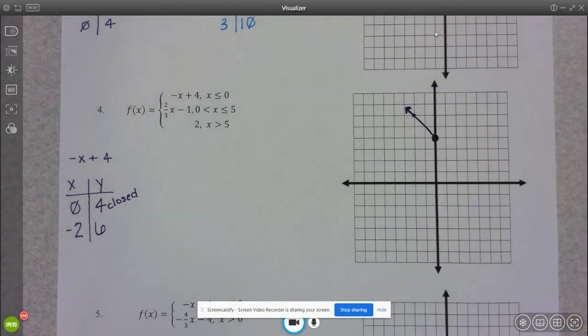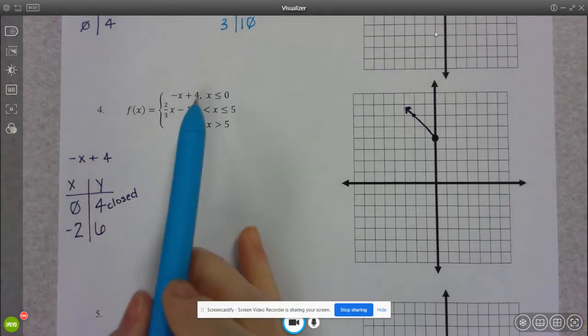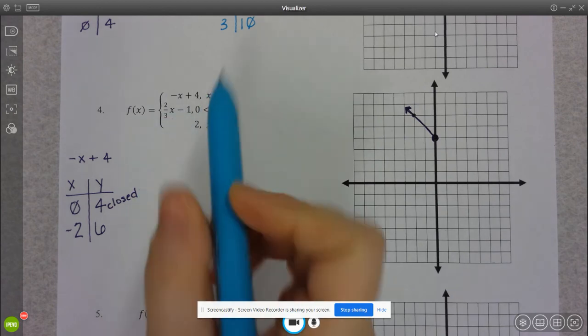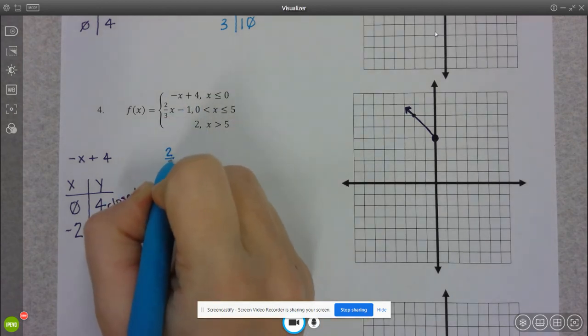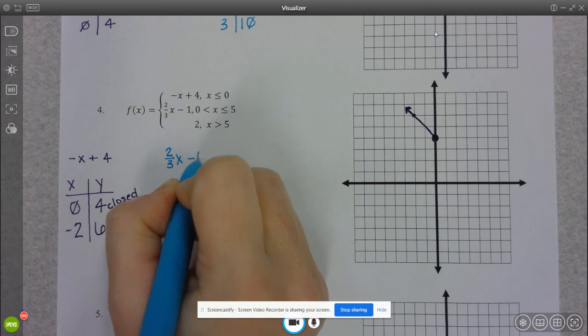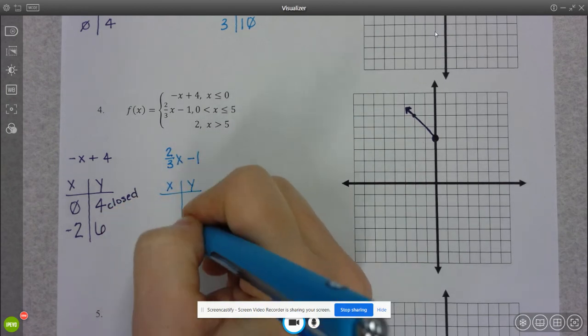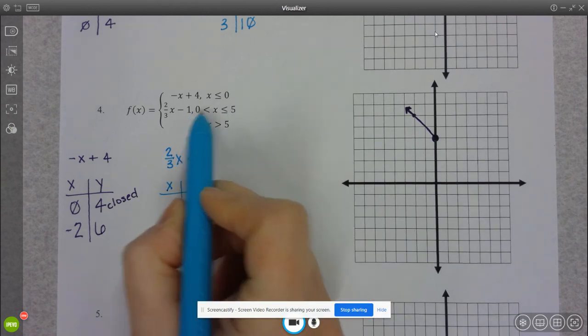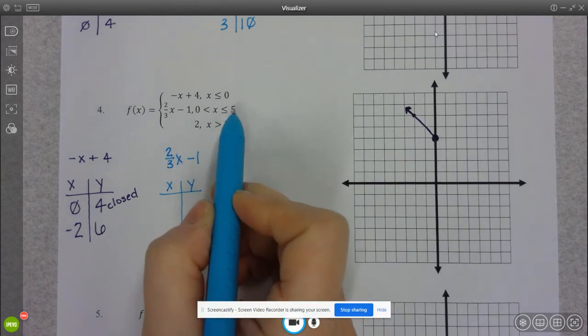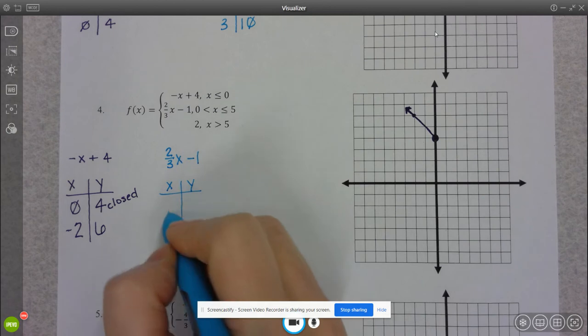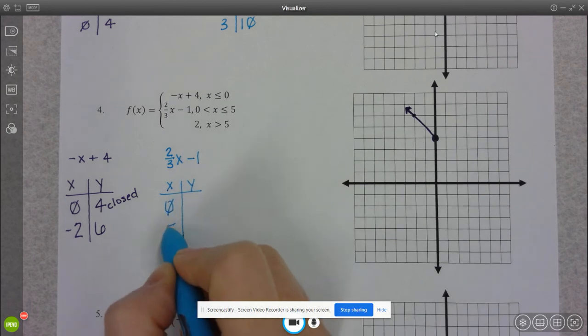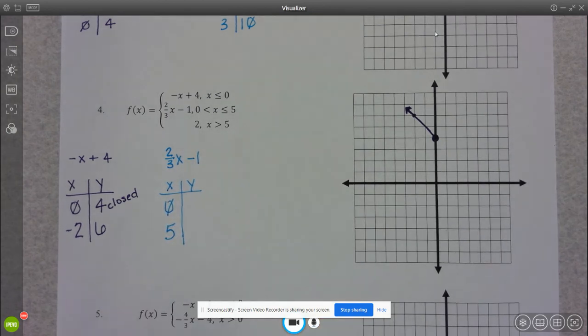All right. Now this one here in the middle, the 2/3 x minus 1. You'll notice this is the first one we've seen that has a start and a stop. Well, guess what? Those are the 2 values that I need to put in here.